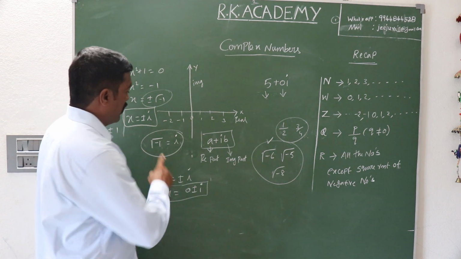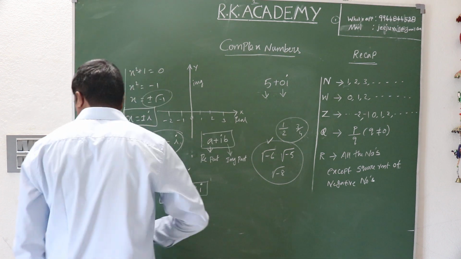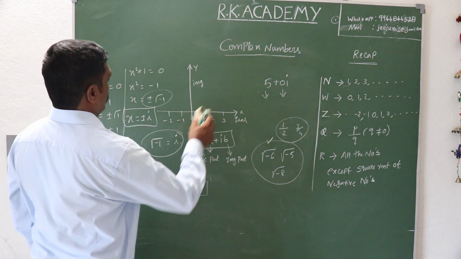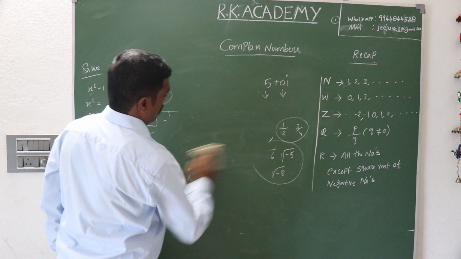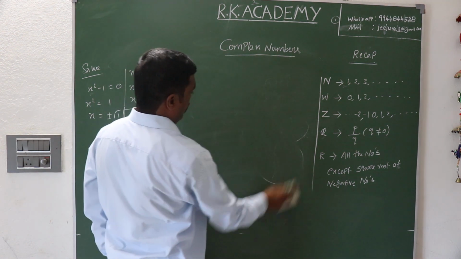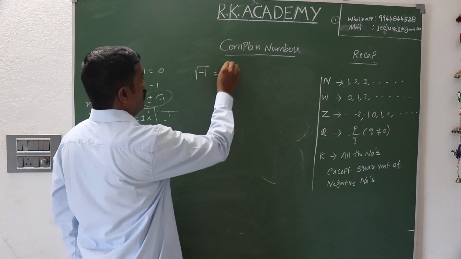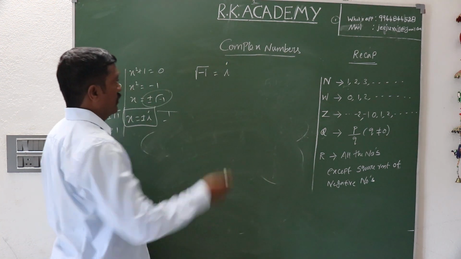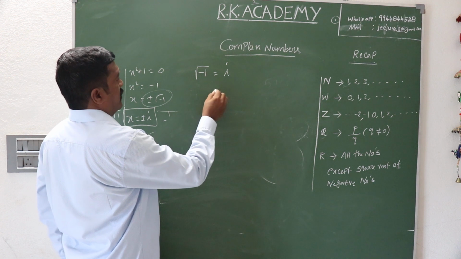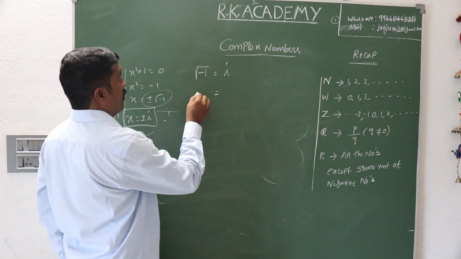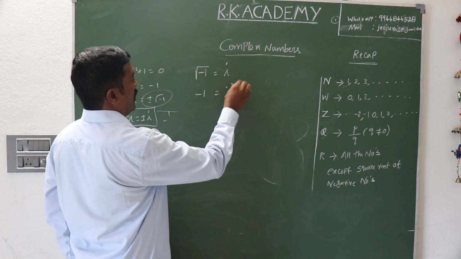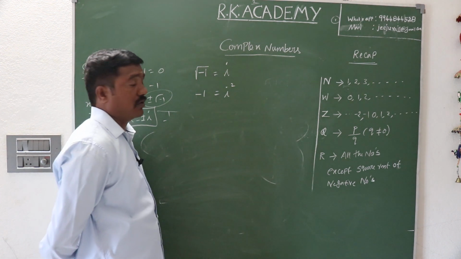Okay, now let us see. We already know that root of minus 1 is the imaginary number i. Taking the square on both sides, i square is equal to minus 1.